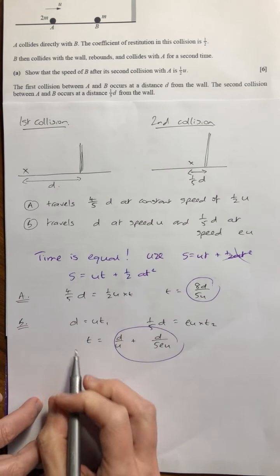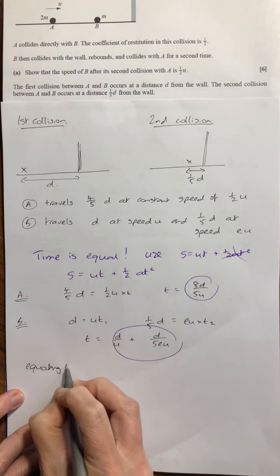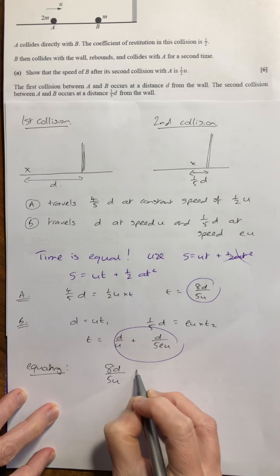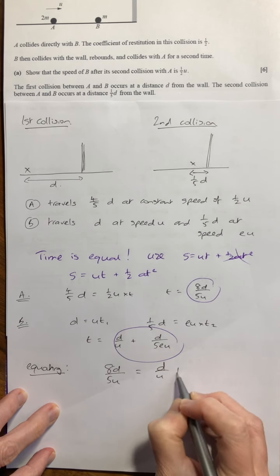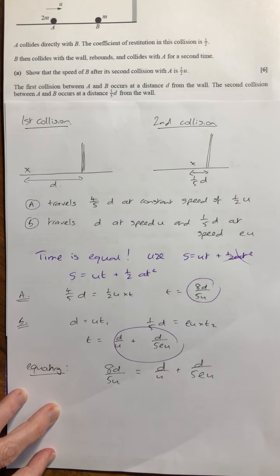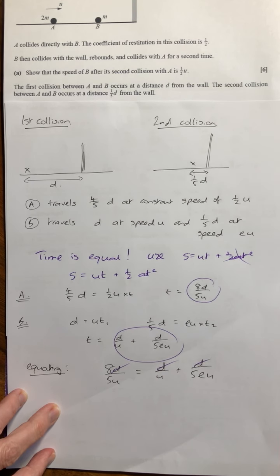So now we just equate those. Hopefully lots of things are going to cancel. So equating these, I know that the time is equal: 8D over 5U is equal to D over U plus D over 5EU. D's everywhere. On you go. But here, we're going to need a bit of a common denominator, aren't we?